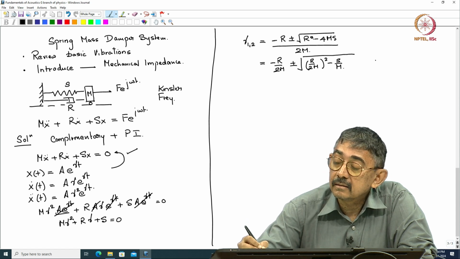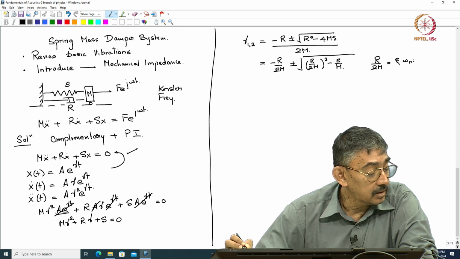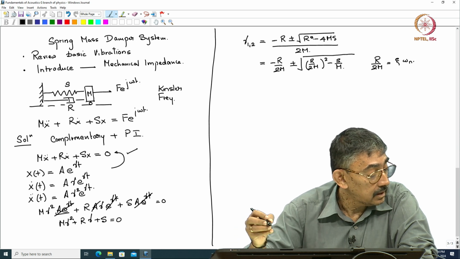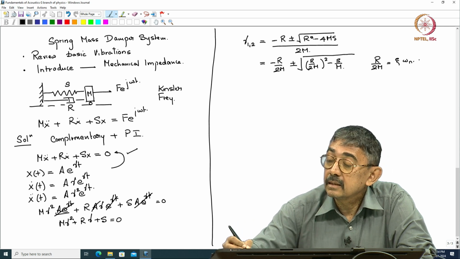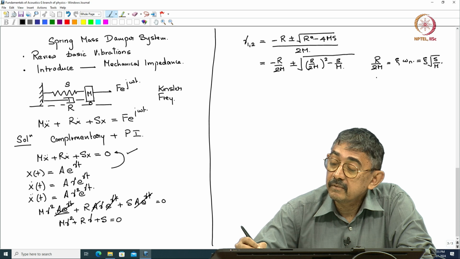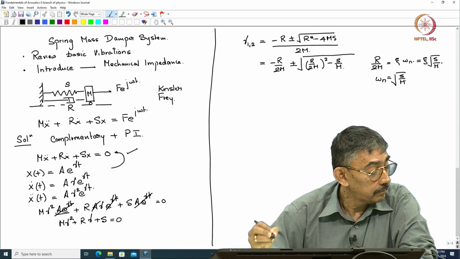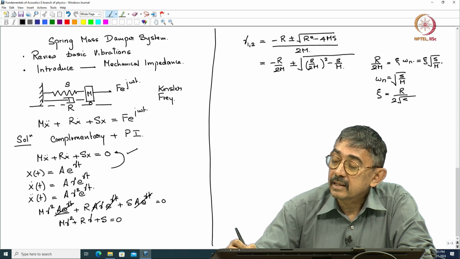Now if we set r by twice m equal to the damping coefficient xi times the natural frequency omega n, then xi times square root of s over m, where omega n is square root of s over m, and therefore xi is given by r by 2 square root of s m.